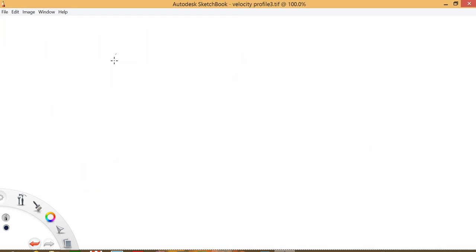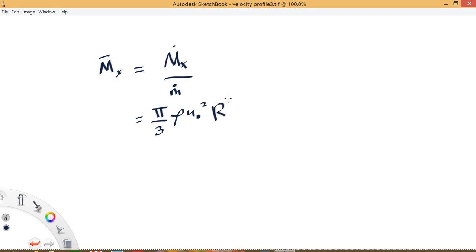The last question asks you to find the mean value. The mean value for the momentum rate in x direction. It's equal to momentum rate divided by mass flow rate. So momentum rate is pi over 3 rho u naught square R power of 2, and mass flow rate is pi over 2 rho u naught R power of 2.